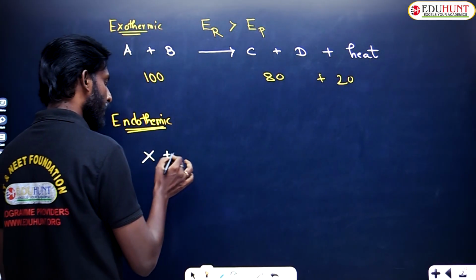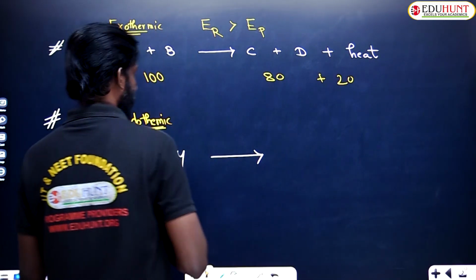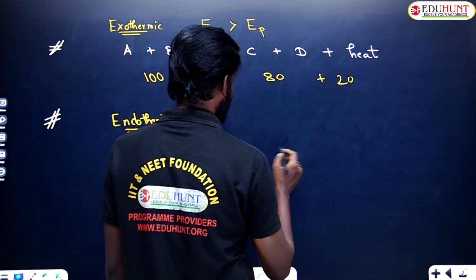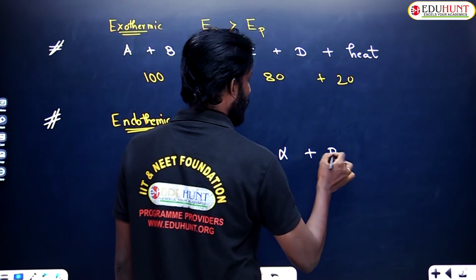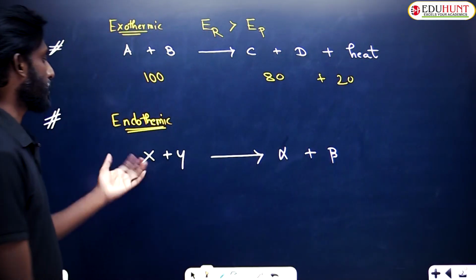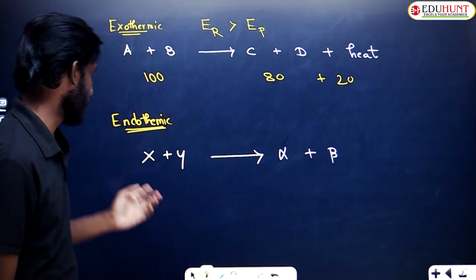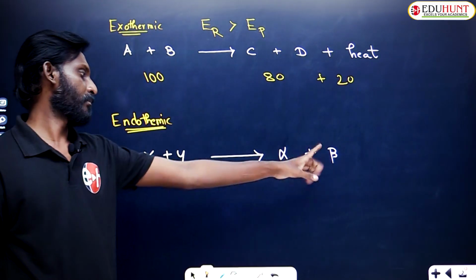X plus Y gives rise to alpha plus beta. What I mean here is X plus Y are reactants and alpha and beta are products.